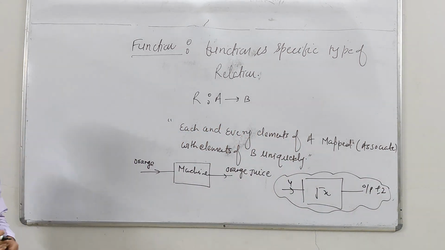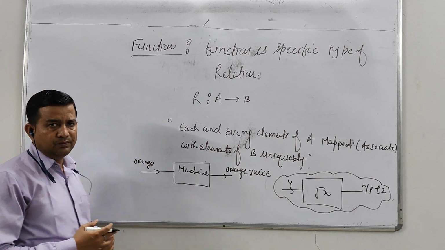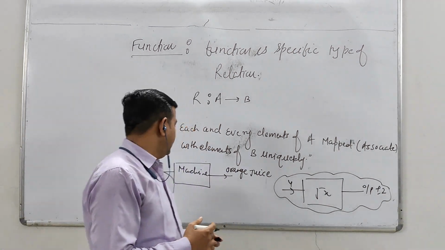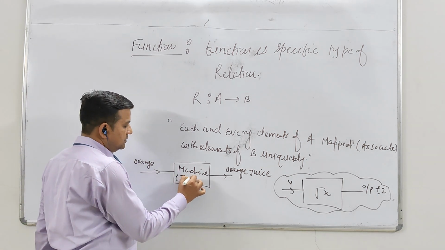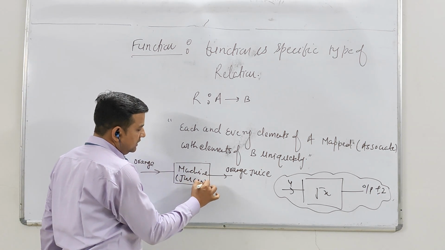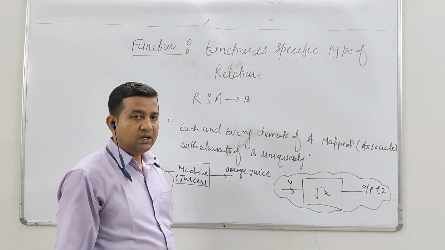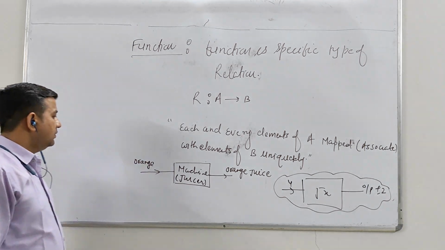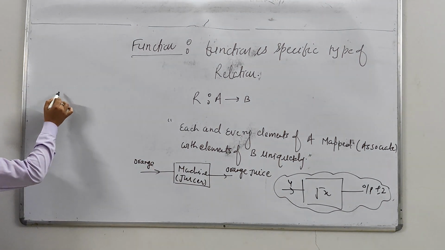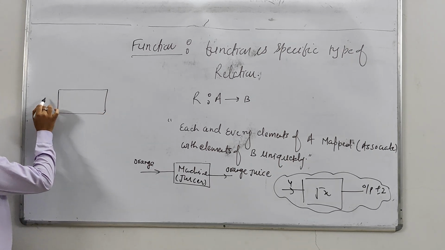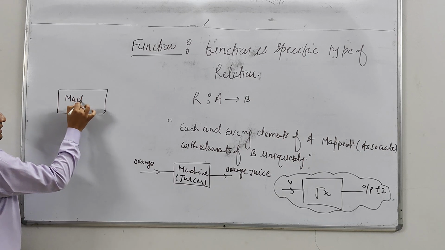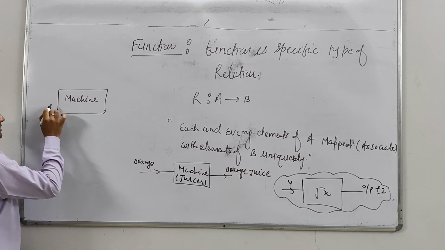Now we will consider the practical approach of the function. We already said that a juicer generates juice as per the input. Now we will consider another practical example. Suppose we consider a cloth machine.